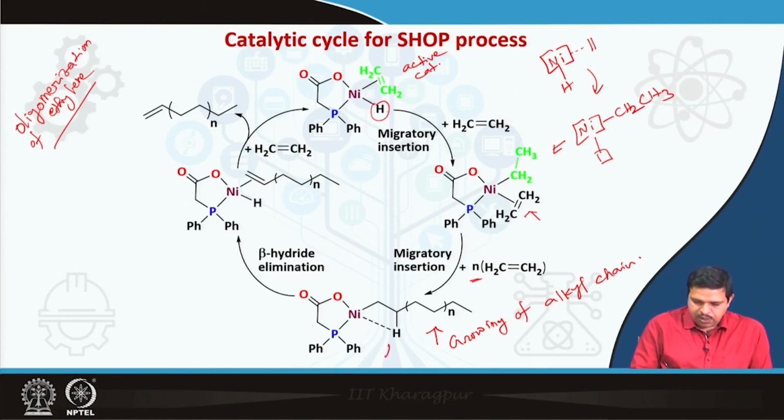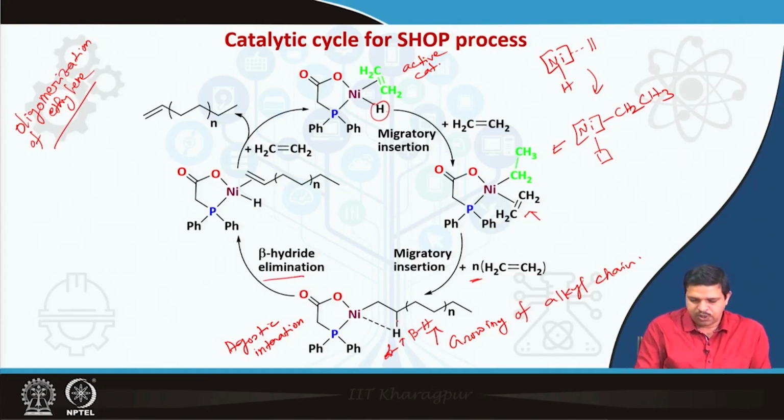Now this is my beta hydrogen. Okay, and we know how this beta hydrogen is eliminated, through agostic interaction. Those we have already discussed in our previous classes, so I will not go in depth. And then it will undergo the beta hydride elimination, that is very important.